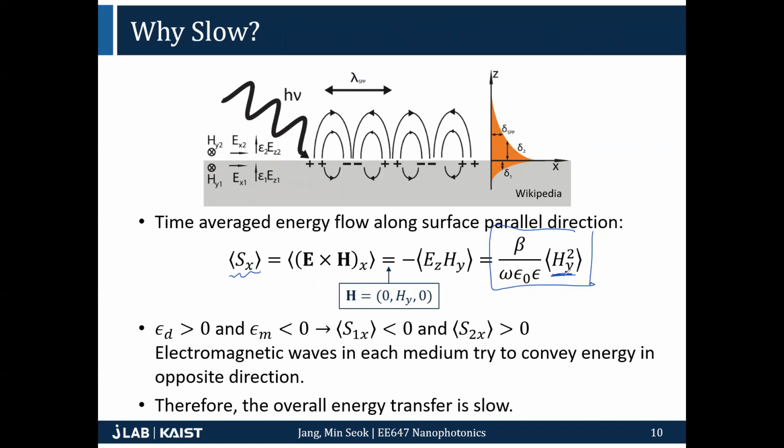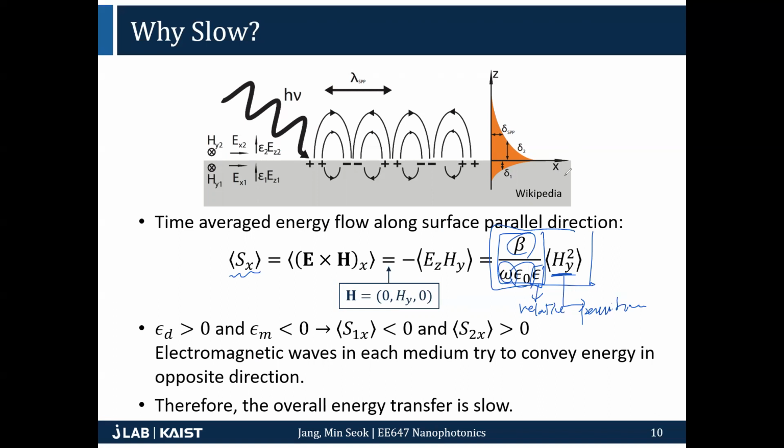And then this one, of course, is positive. And if you look at this equation, beta is also positive, omega positive, epsilon 0 positive. But epsilon here, the relative permittivity, can have different signs, right?